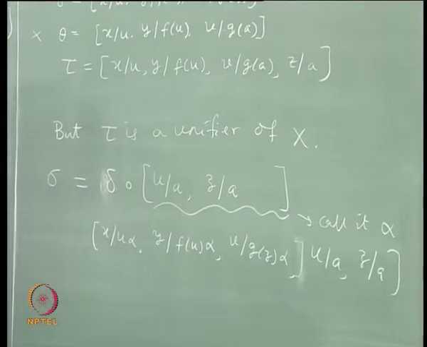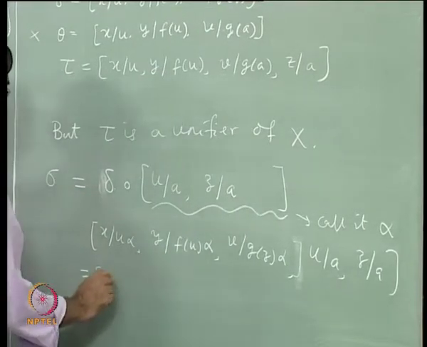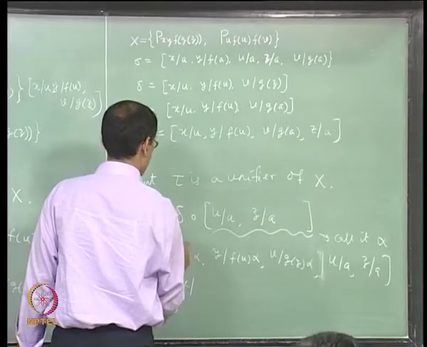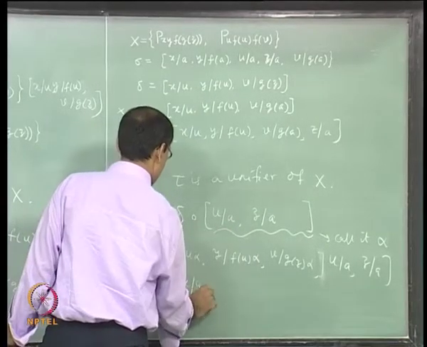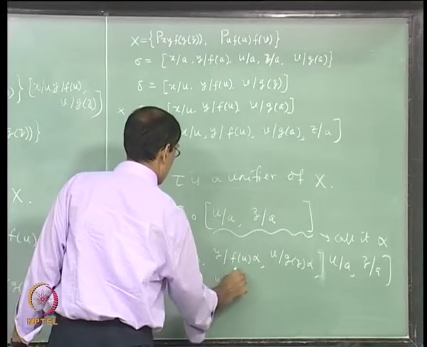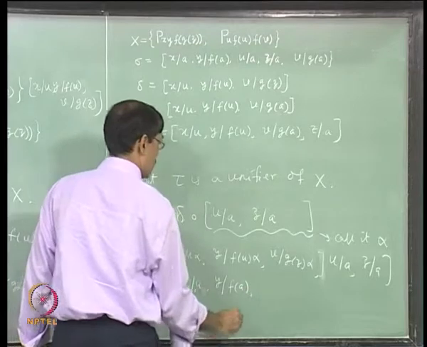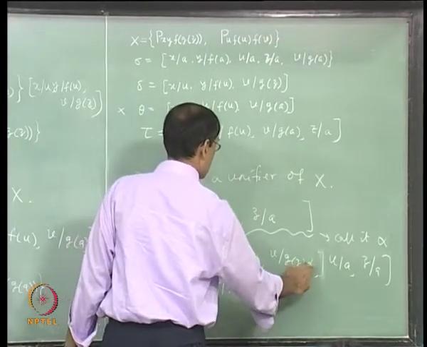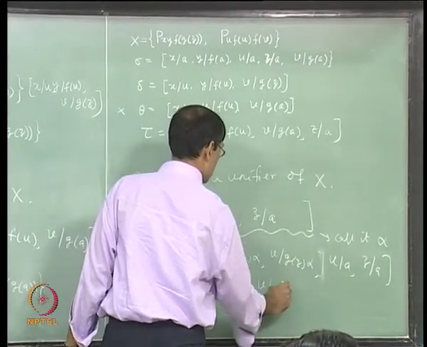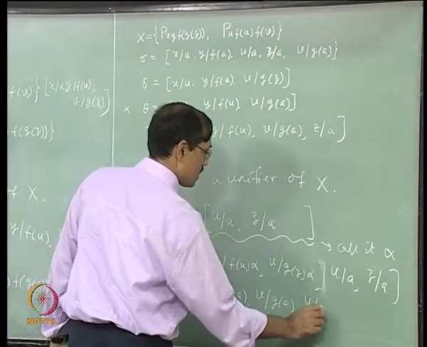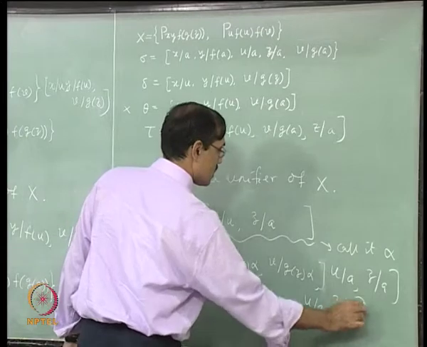Okay. Now, this is equal to x by u alpha, alpha is here. So, u alpha is a, y by f of u alpha, so that becomes f of a, v by g of z alpha, z also becomes a, so g of a, and u by a, z by a.